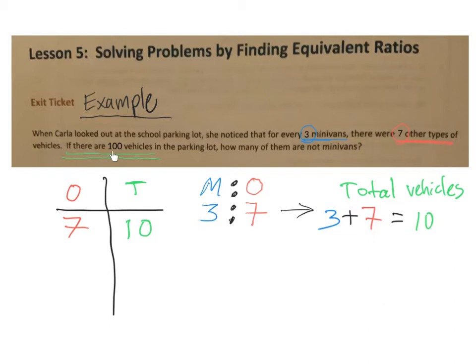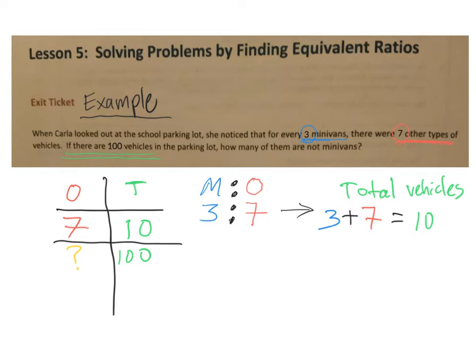Now, the next bit of information that they provide us with is 100 total vehicles. So we know that we can take that 100 total vehicles and plug it in below. We have not been given how many other vehicles there are because that's the question.